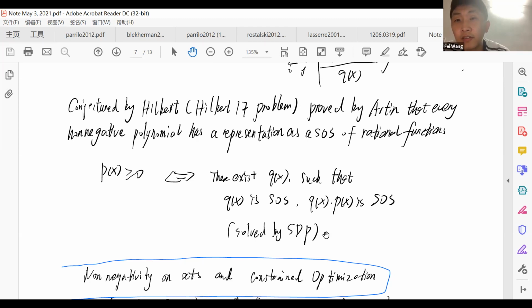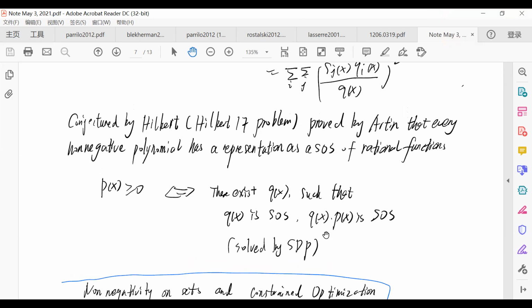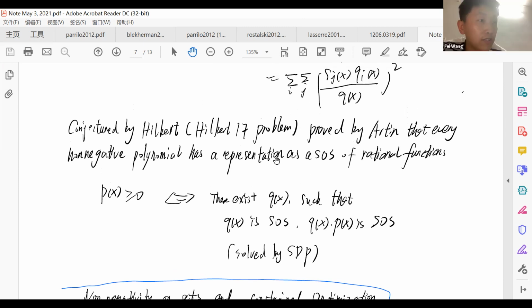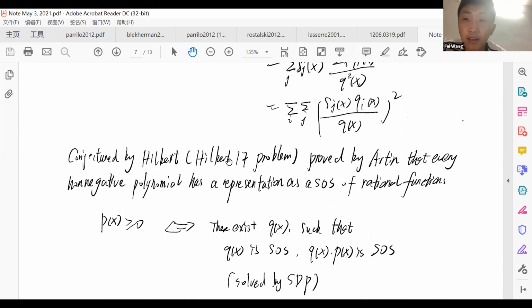So suppose we have p(x) non-negative, right? And then by the Hilbert 17th problem, we know p(x) can be written as a sum of squares of rational functions.